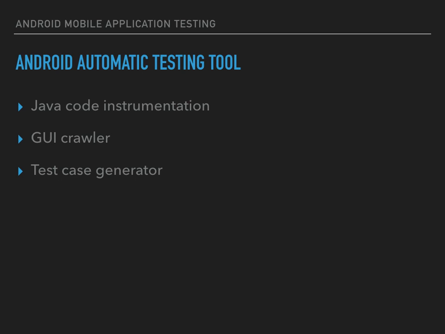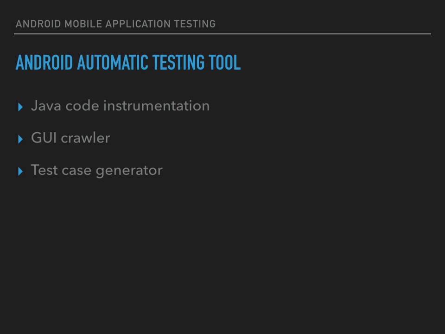The test case generator component, which is pretty self-explanatory, is responsible for the abstraction of executable test cases supporting crash testing and regression testing from the GUI tree produced by the GUI crawler component.